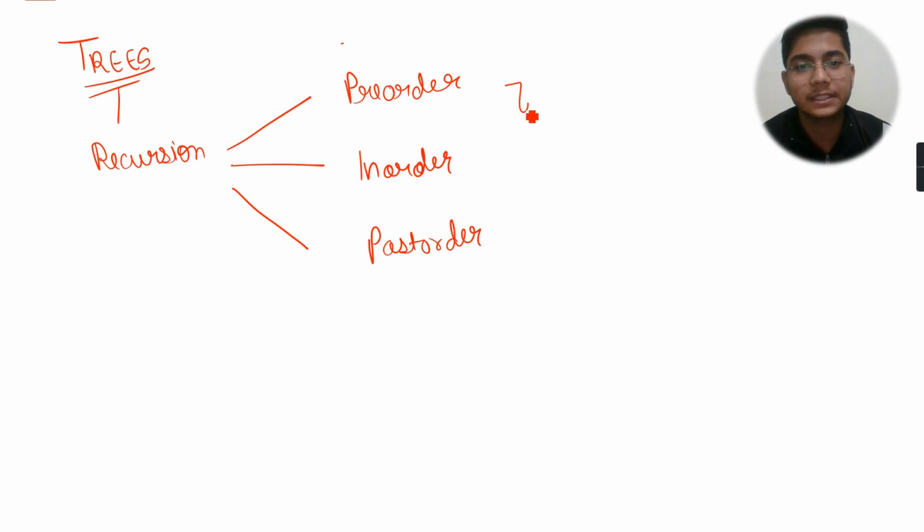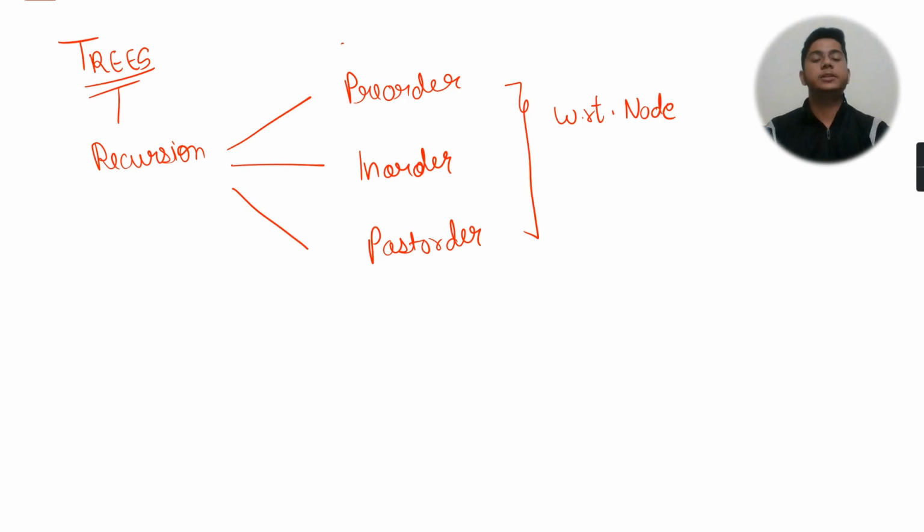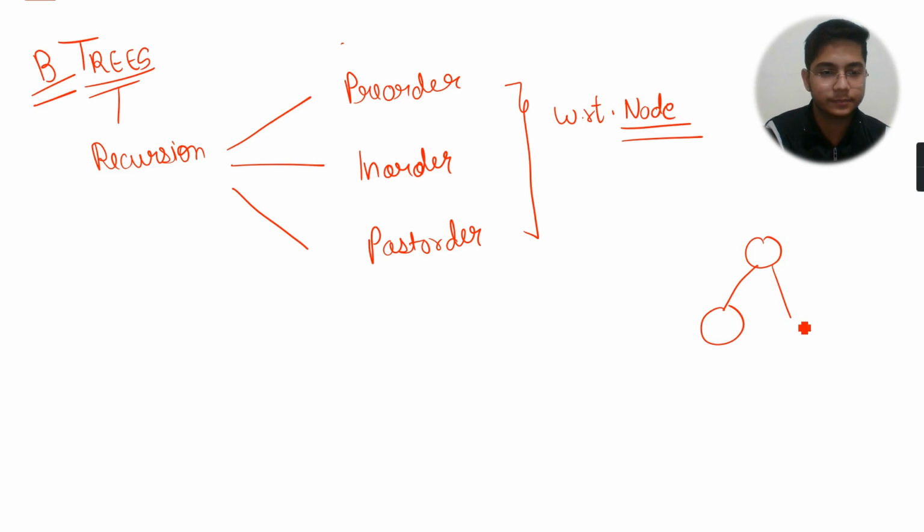These are with respect to the root node, the node that we are currently in. What does preorder mean? Here we are talking about BTs, that is binary trees. In a binary tree you cannot have more than two children.